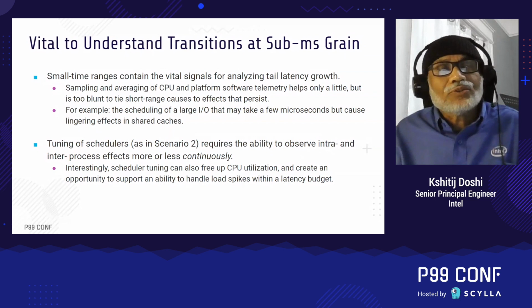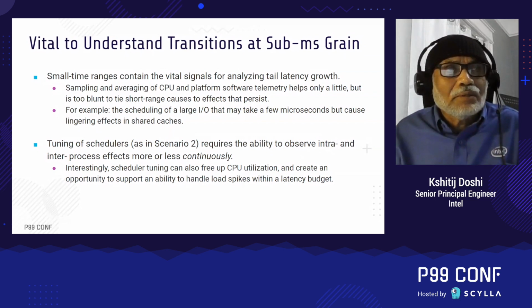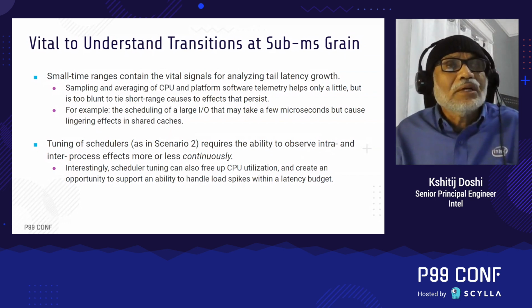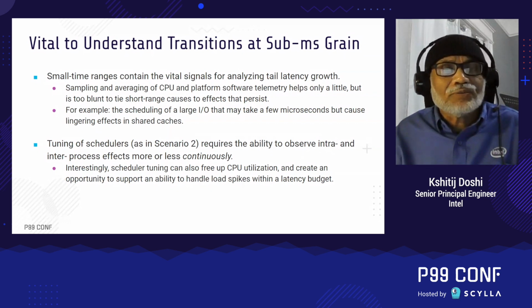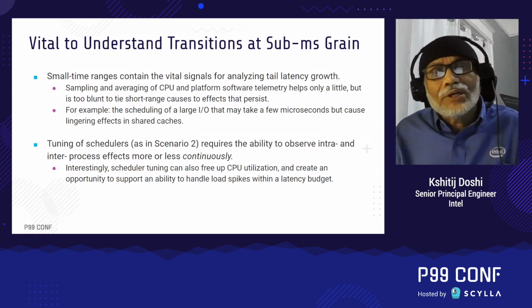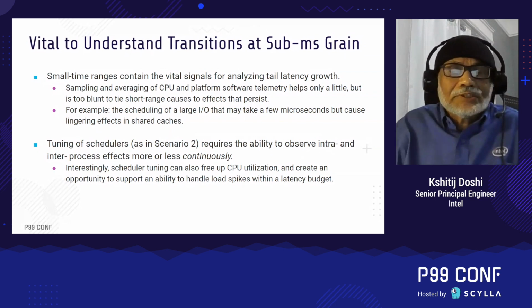In the first scenario, that was not an issue because one could say that the entry and exit into sleep states is a rare enough event that it can be collected and time aligned. But in case of schedulers, the granularity at which these effects occur tends to be very small, and therefore these kinds of events have to be collected and correlated on a more or less continuous basis.